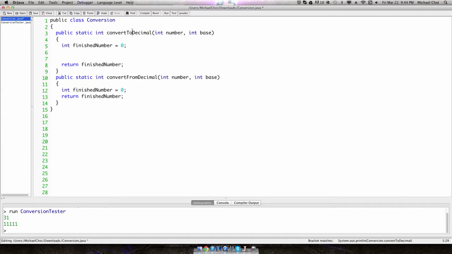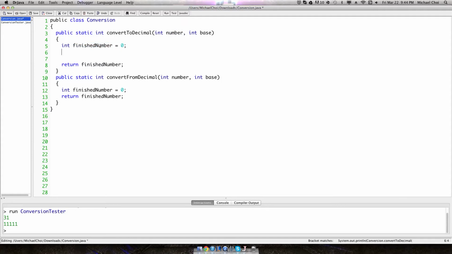So for convert to decimal, we're assuming we receive a non-decimal number, and we're going to assume that this base represents what base this number is. What we're going to do is convert this non-decimal number into a decimal number, and that is represented by finished number.